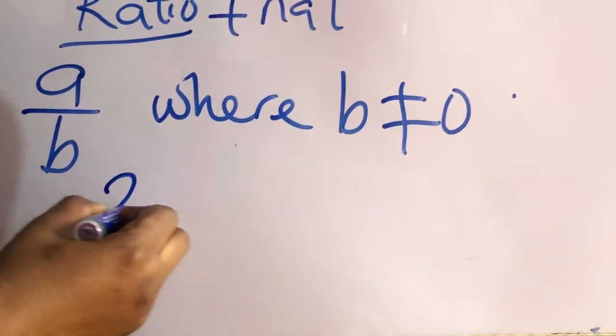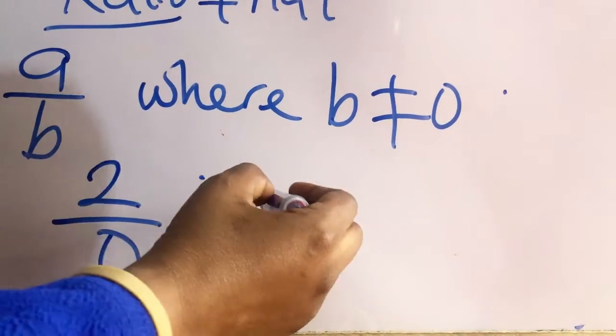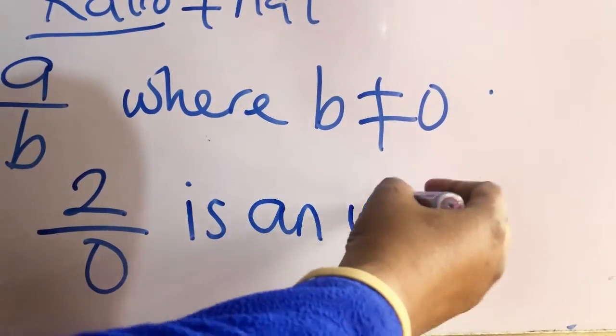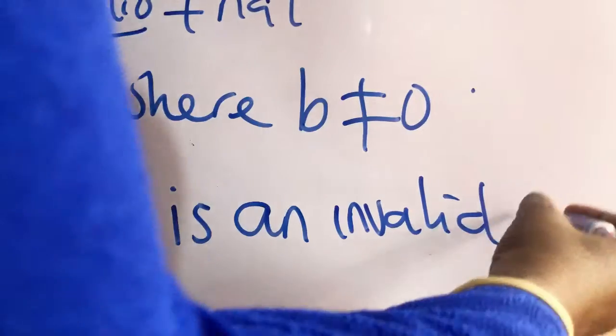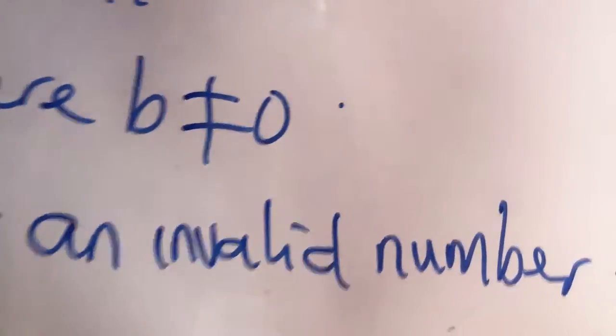That is, if we have 2 divided by 0, it is undefined, an invalid number. This rational number can be changed to decimal.